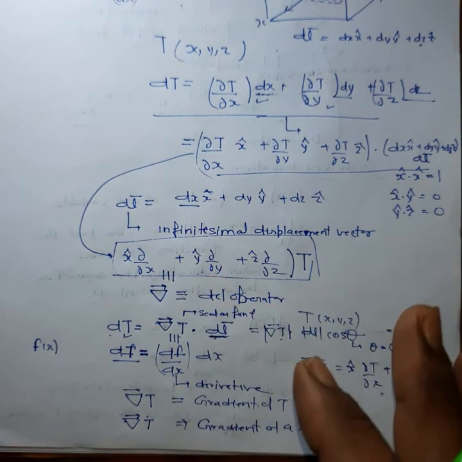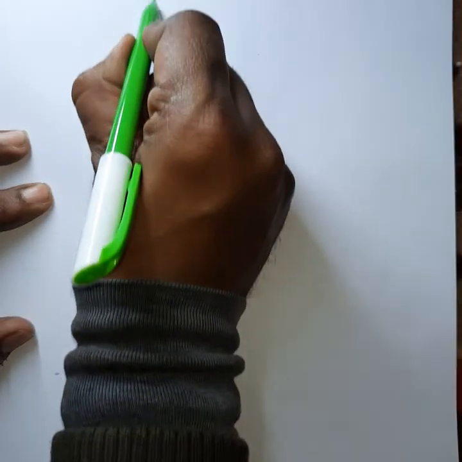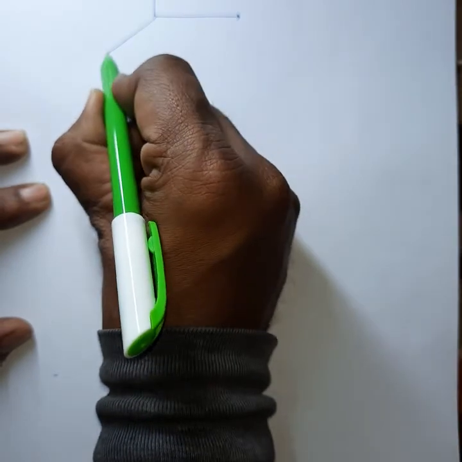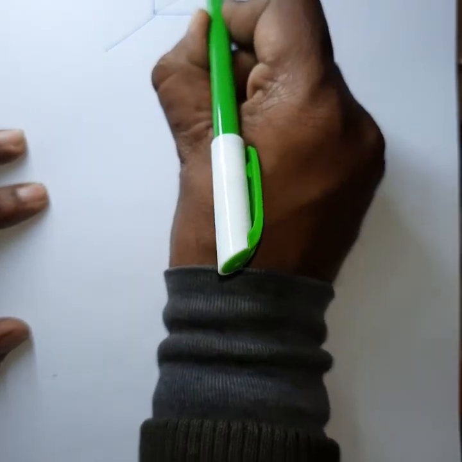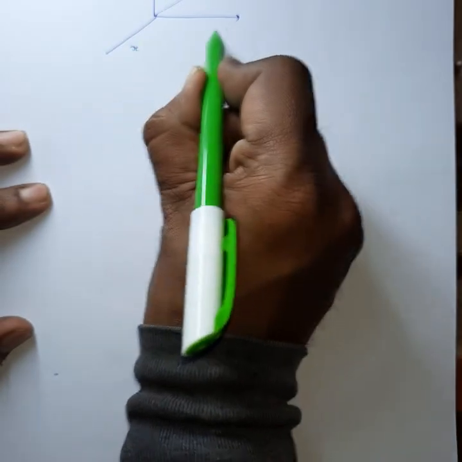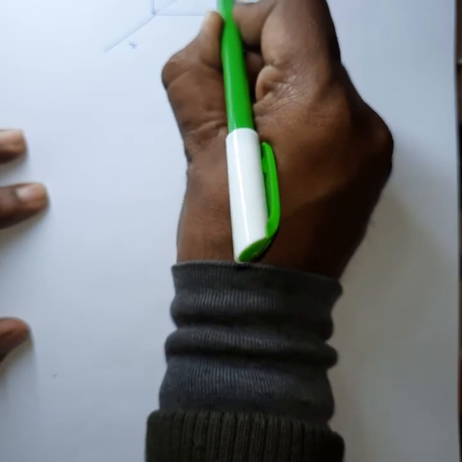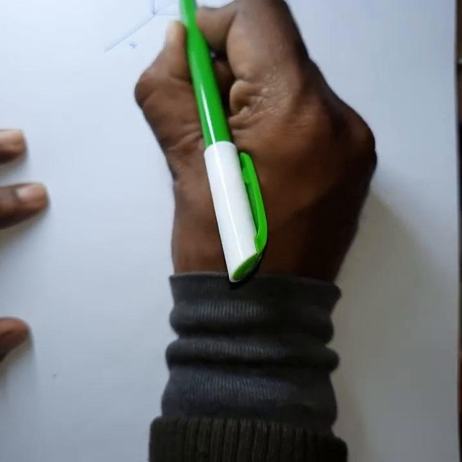It will be more clear with one example. So let's take an example. Let there be some position vector r. In the Cartesian coordinate system, suppose this is the point (x, y, z), and r is the position vector.